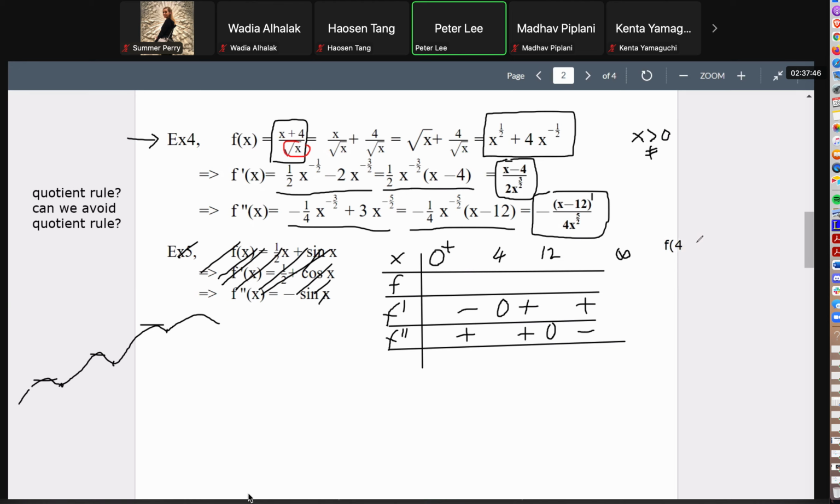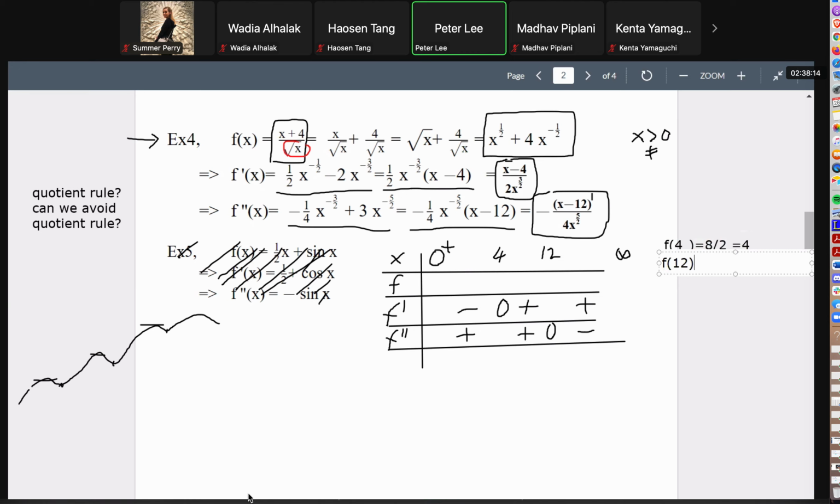F of 4 is equal to, plug in 4, 8 over 2, which is actually equal to 4. So we get 4. Now, how about f at 12? What is f at 12?